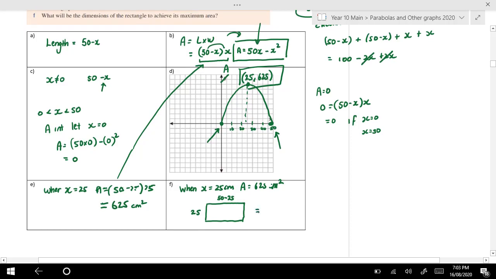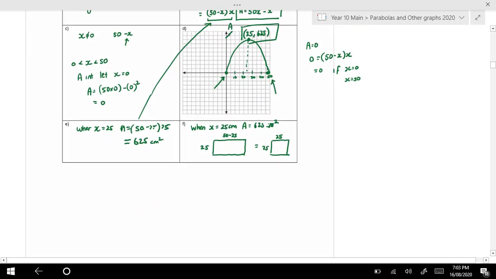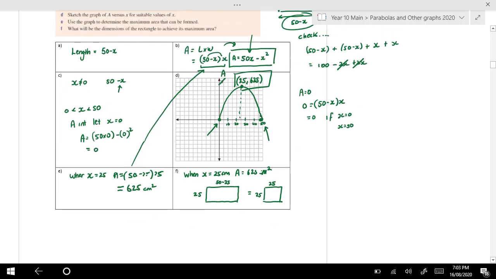A square is still a type of rectangle, so it's going to have the dimensions 25 and 25. It's actually going to be a square. So if you want to create the most area, if you were to cut out a piece of cardboard or something like that, then the way to get the most area by using less material is by doing a square. If you make it into a rectangle, you're going to get less area.